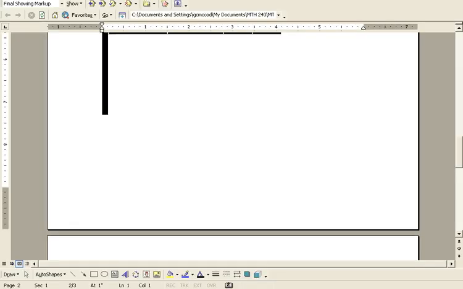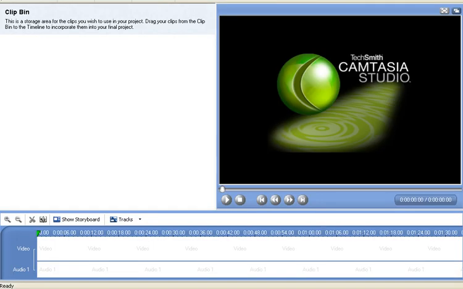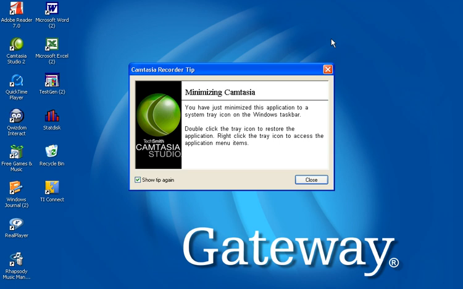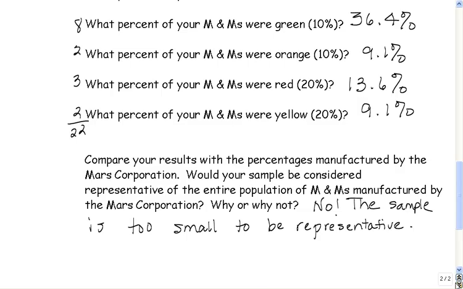And I'm going back to my Word document that I have in Camtasia. Whoops, not the right one. I'm still not hitting the right one. Here we go, blank. All right, so I'm going to go page down.